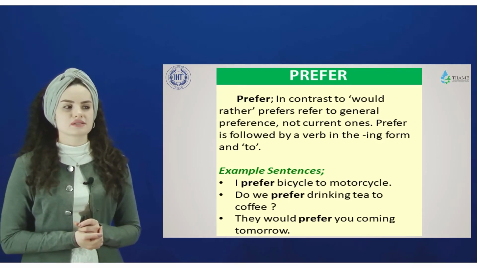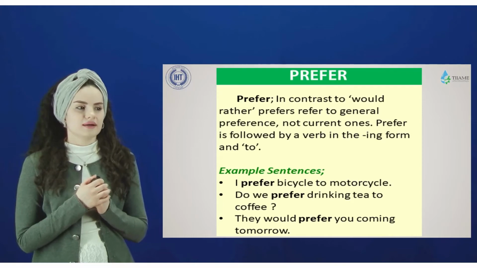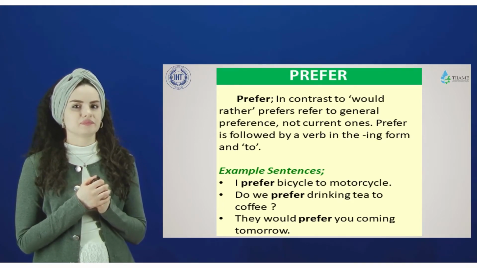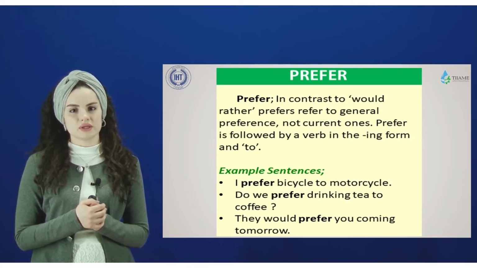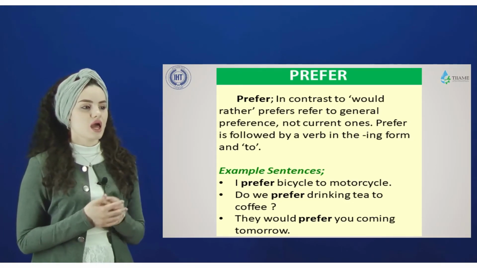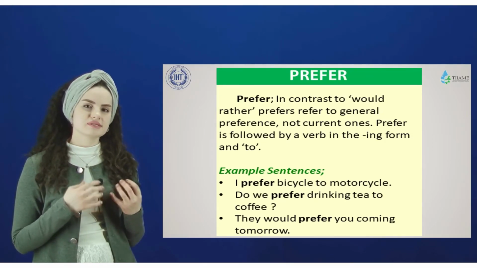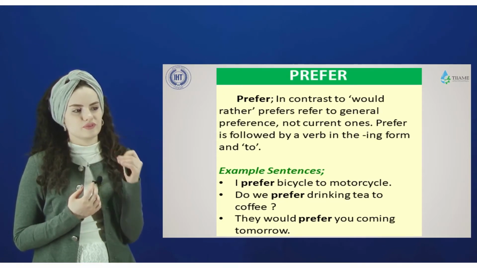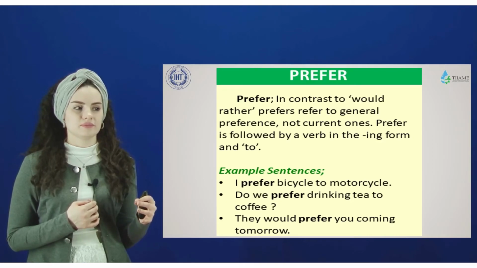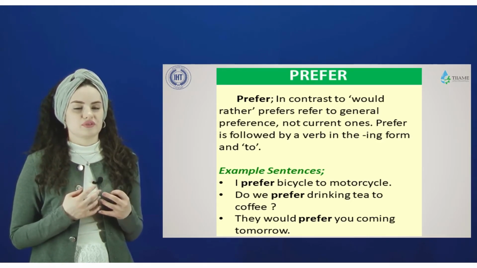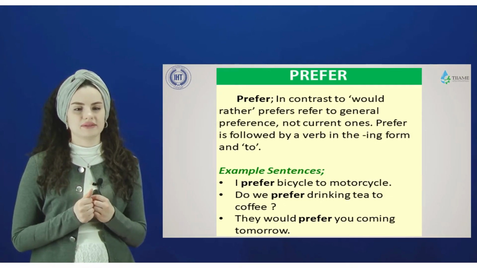Now, please, let's go to some other words which may bring us additional information, which are also connected with gerund and with infinitive. Look, please. I prefer bicycle to motorcycle. What is the situation? The situation is prefer, in contrast to would rather. When we use prefer, prefer is followed by the verb in the ing form and to.